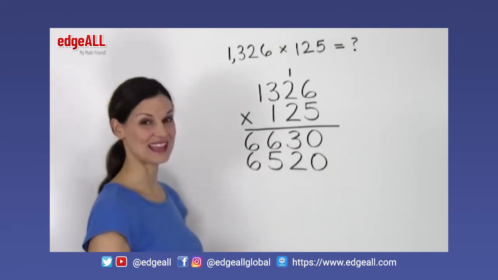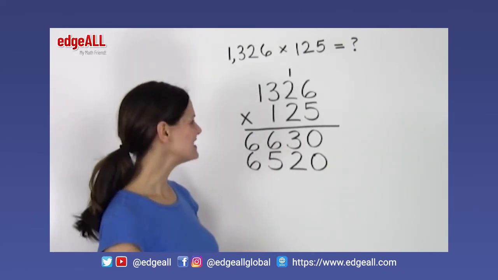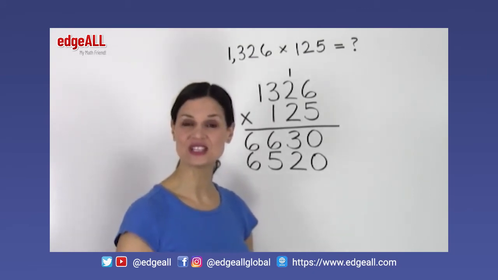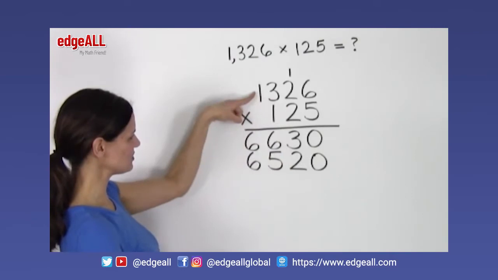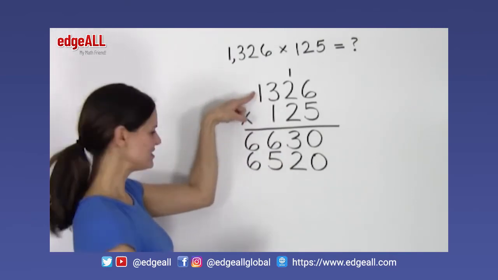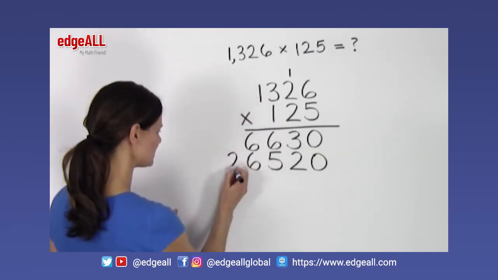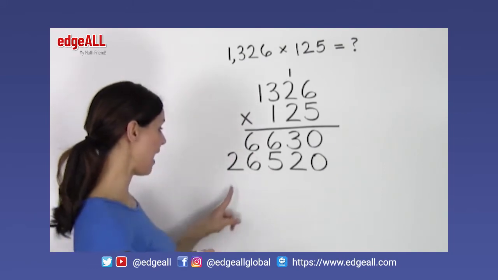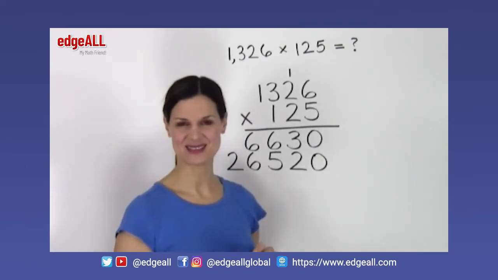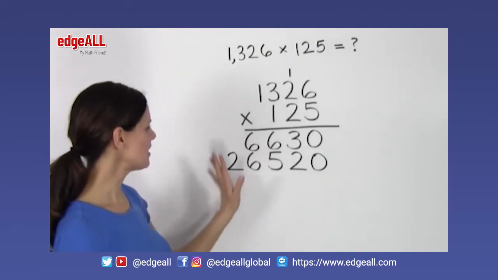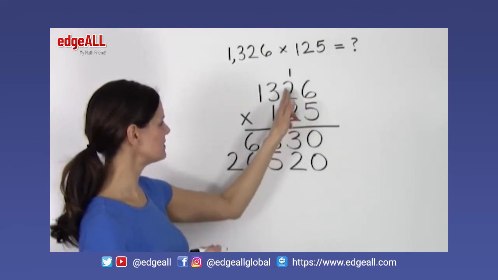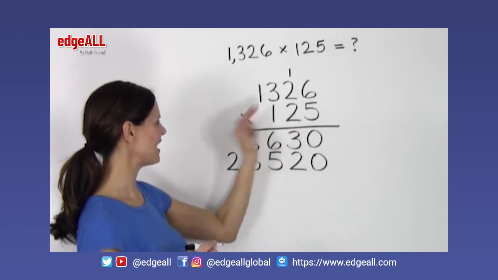And I have one more calculation to do with my 2, and that is that I need to do 2 times 1 now. 2 times 1 is 2, and I place my 2 right here in now the 10,000s place column. So I've done each of my 2 times 6, 2 times 2, 2 times 3, and 2 times 1.